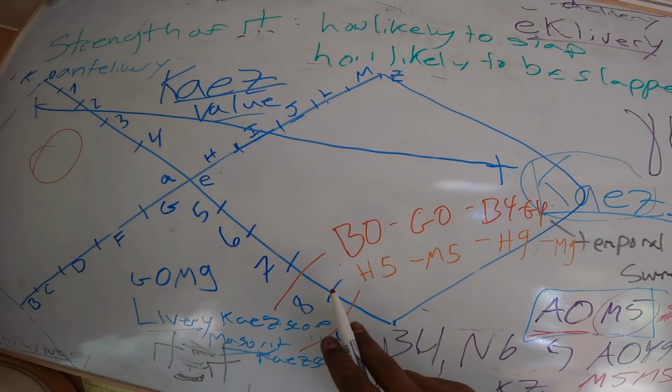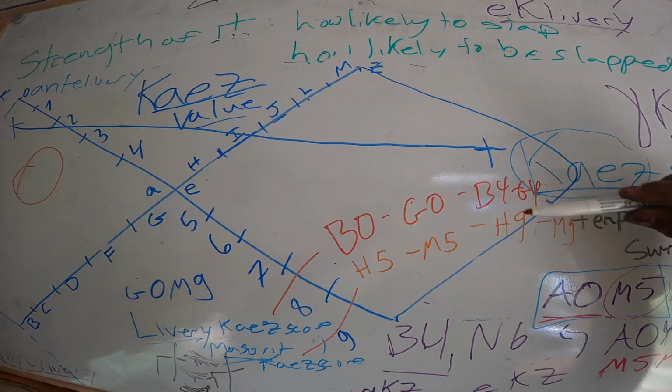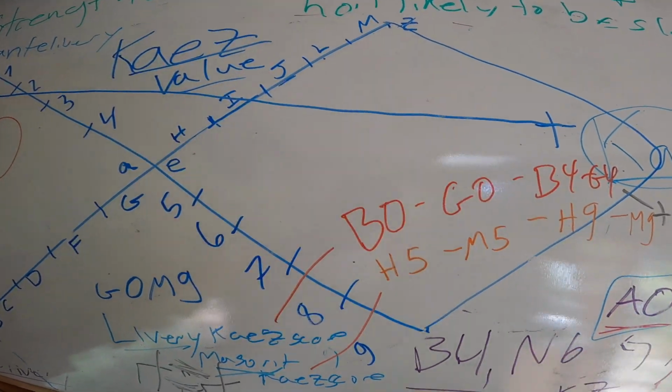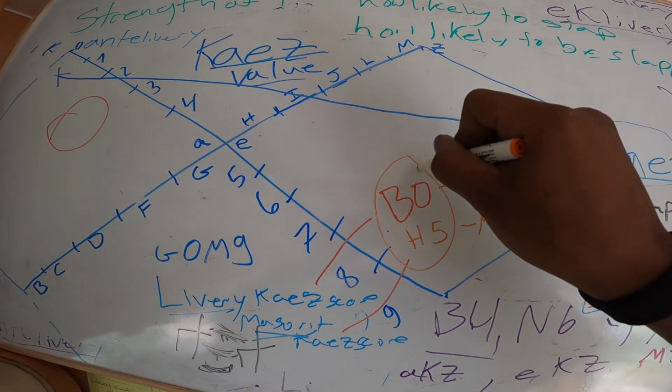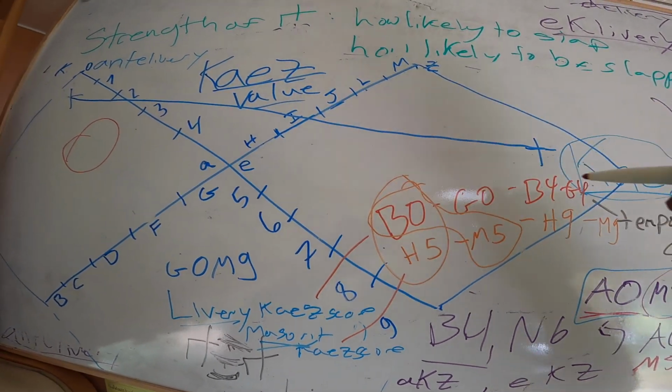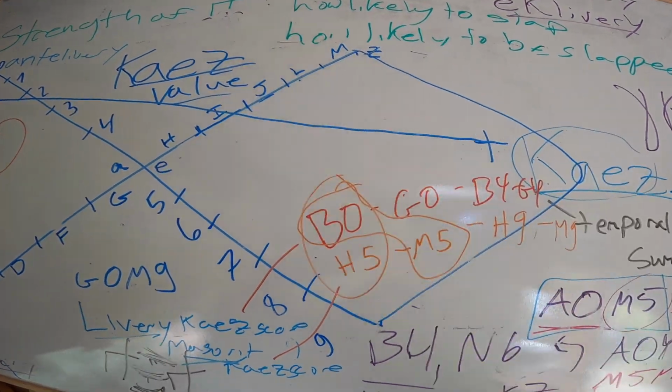Oh no, because the score would include one of those. So any possible combinations here then. That's what I'm trying to say. So this could be a Mazoret Kaez score, this could be a Mazoret Kaez score, or anything in between.